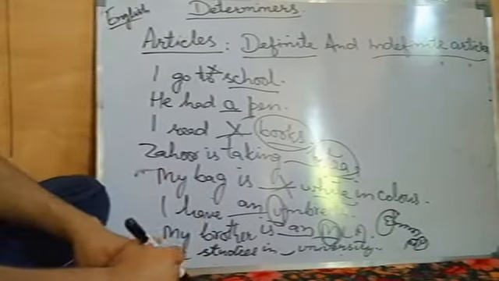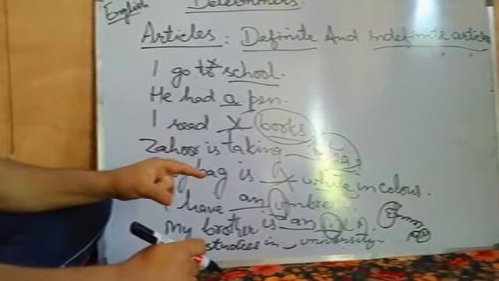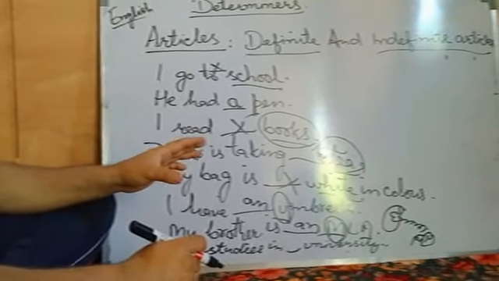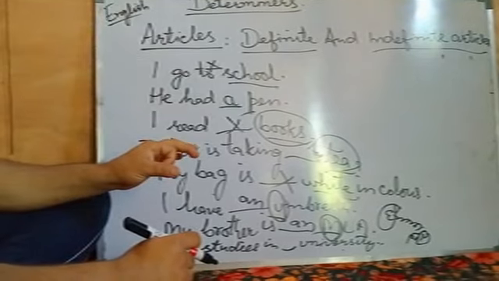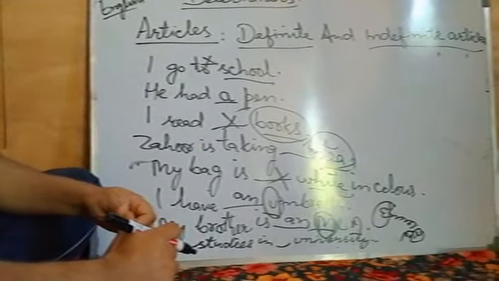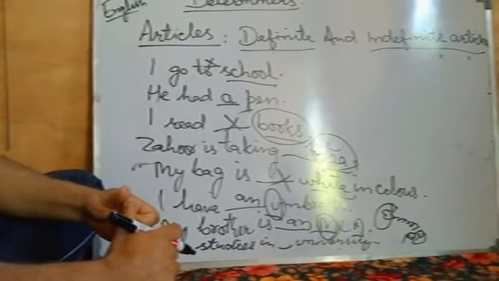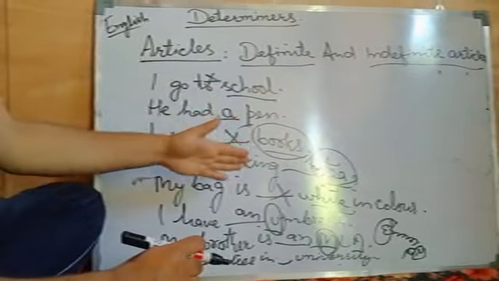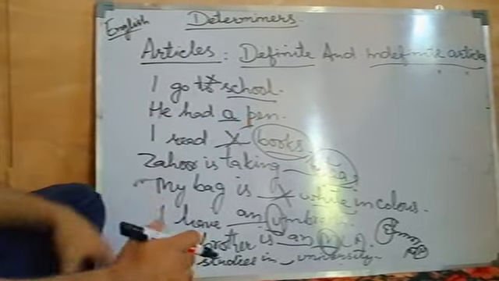Any word that gives the sound of alif, when it is singular we can use an. If we use a, that time it is wrong. Alif sound is a vowel sound.